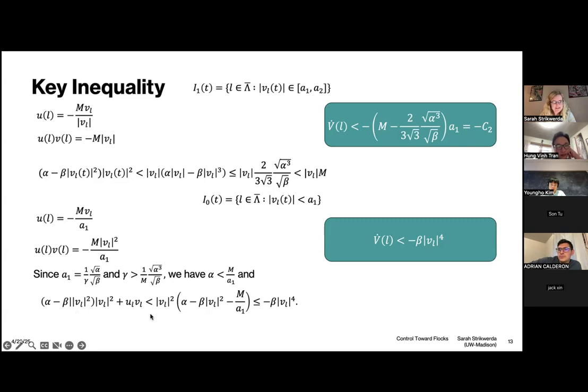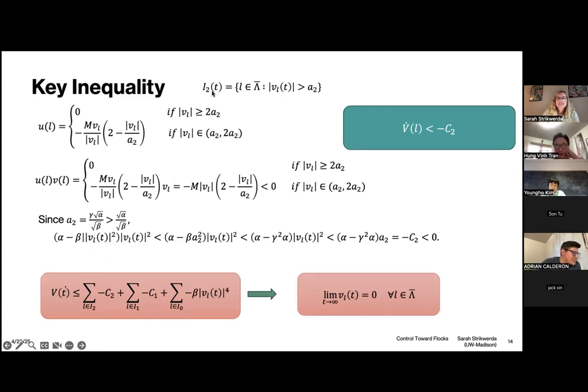So then, because alpha is less than m over a1, we can say that this quantity is less than or equal to beta times VL to the fourth. So we get that this V dot L is less than a constant times VL to the fourth.